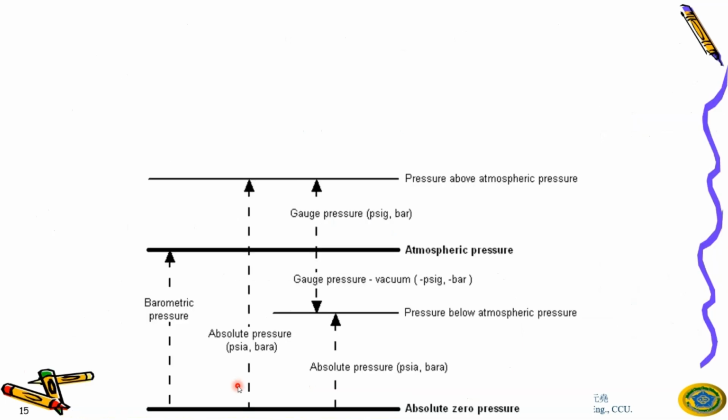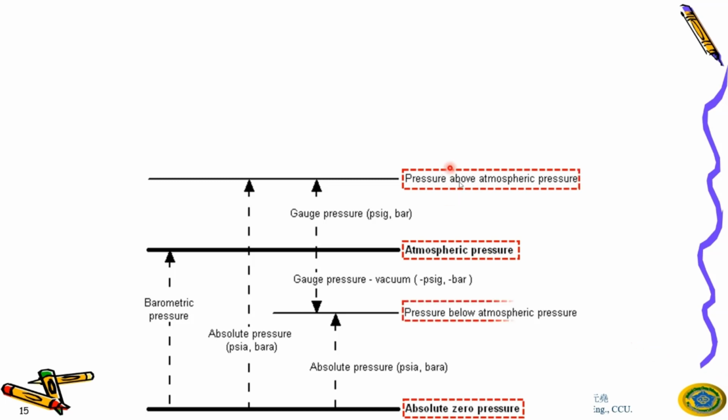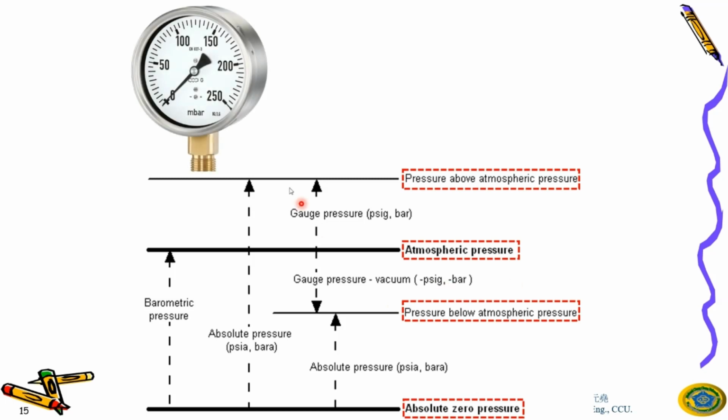So if you don't understand, these are the figures to help you understand. First of all, you have absolute 0 pressure, and you have atmospheric pressure, and you have the pressure above atmospheric pressure, and of course this is below. So you have the atmospheric pressure here, this is above, this is below. So once you have a gauge, this is called a Bourdon gauge.